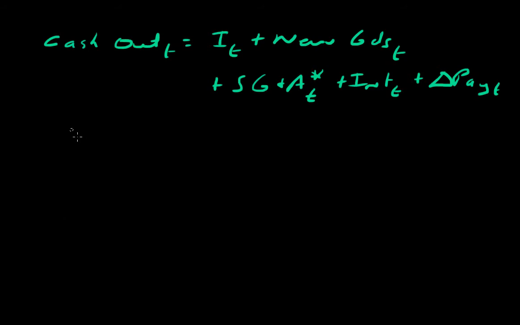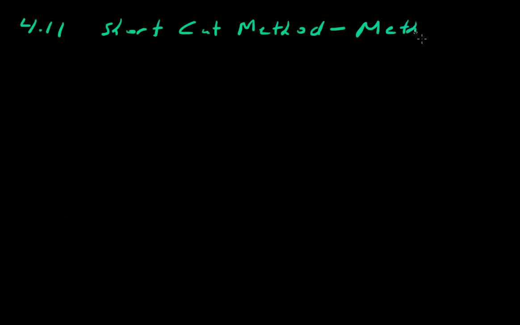Okay, to finish off the lecture notes, I walk through a shortcut method. So up to this point, in order to value these projects, we take account of each cash flow separately, essentially, and we build up to all the cash flows.